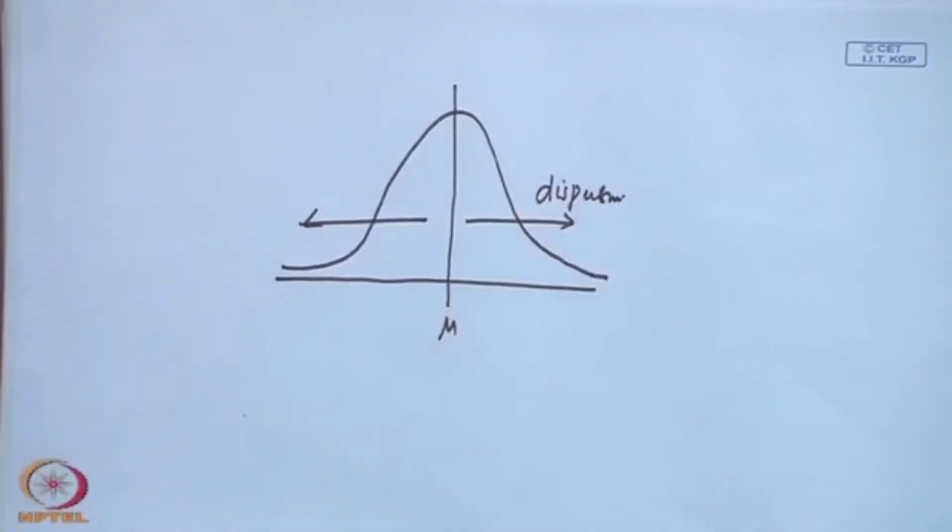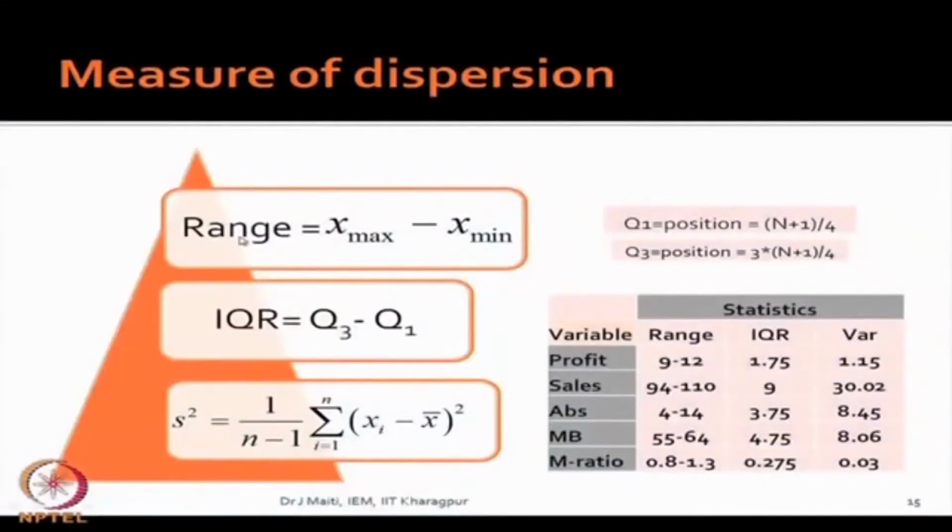There are several ways to measure dispersion. One is range, that is maximum minus minimum value.